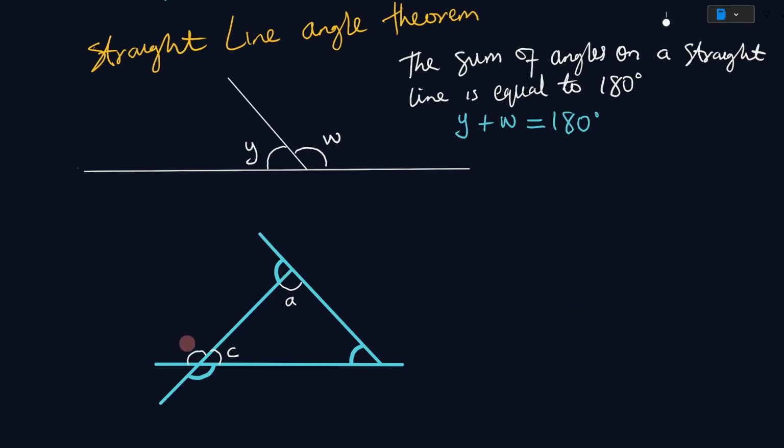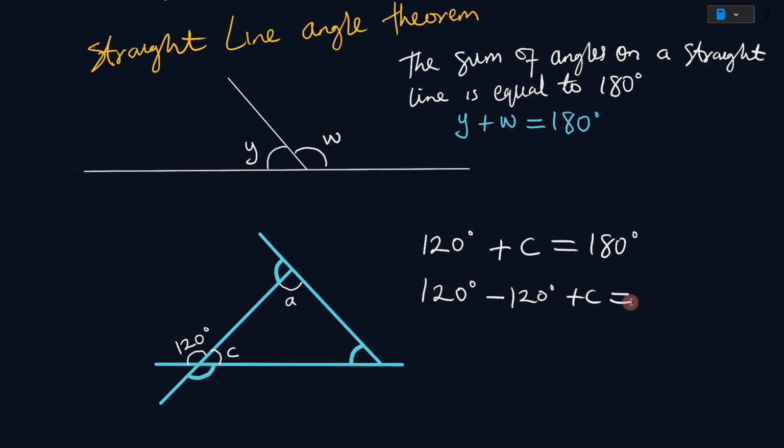We have that B is 120 degrees, so 120 degrees plus angle C should give us 180 degrees. If we subtract 120 from both sides, 120 minus 120 plus C is equal to 180 minus 120.